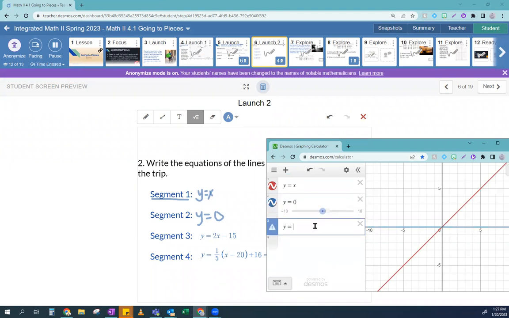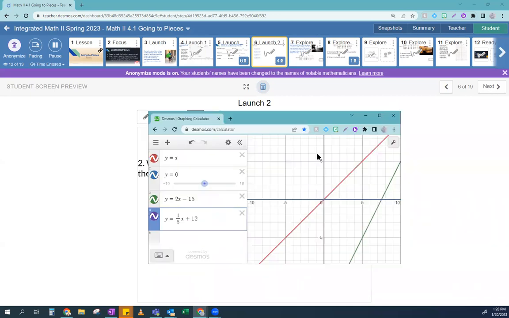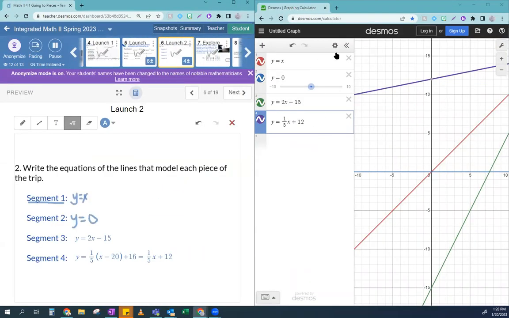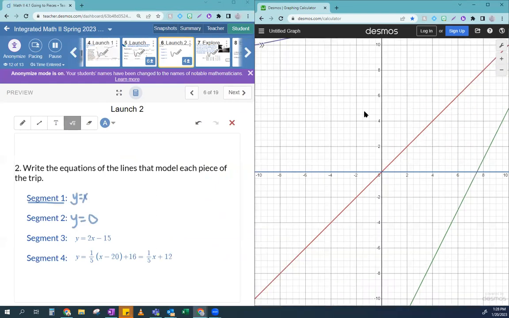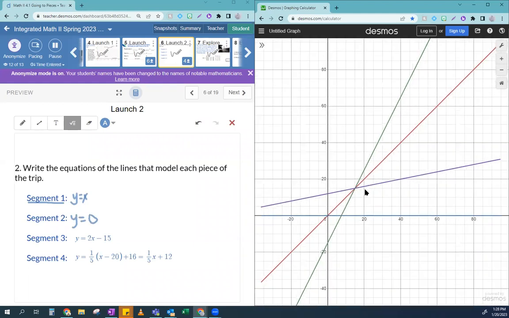So y equals 2x minus 15, and y equals 1/5 x plus 12. Okay, so here's my drawing. Let's put this on this side. Put this here, and then I'm going to hide this for now. And then I'm going to zoom out just a little bit so you guys can see all of the different.